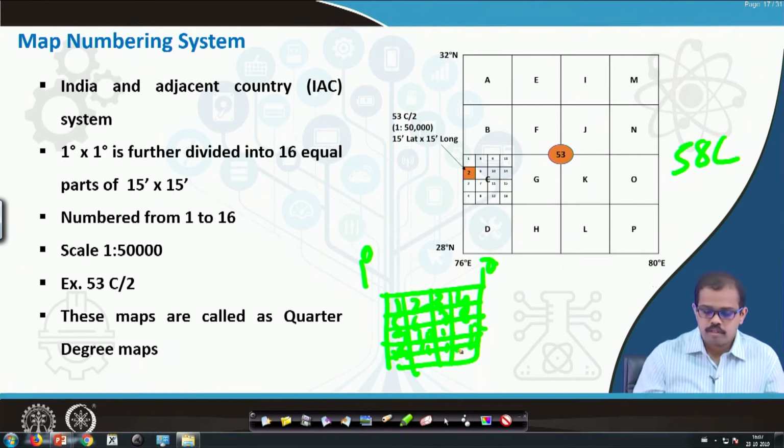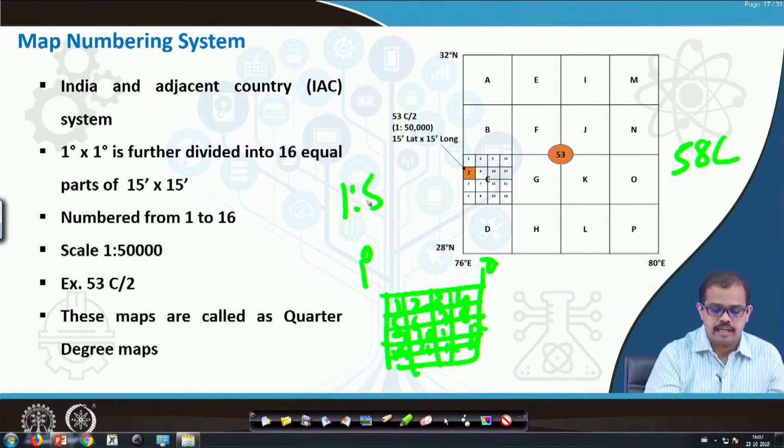If I put 1 to 16 in those boxes, each small box is actually representing 15 minutes by 15 minutes on the ground, which means it is a 1:50,000 scale. Okay.